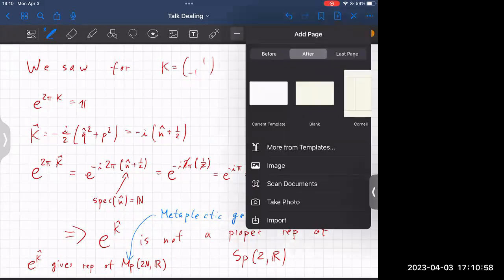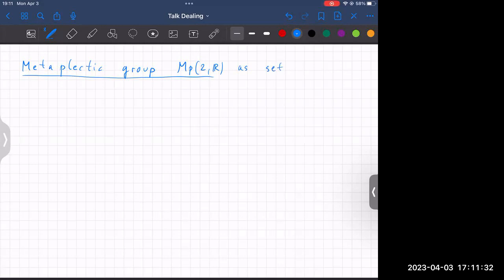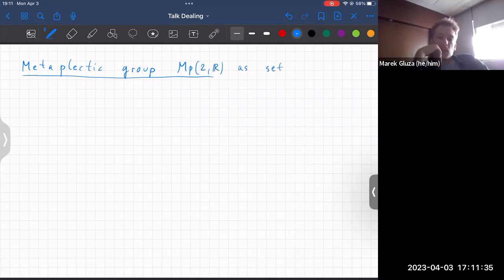So I will try to illustrate the metaplectic group MP2R. And for that, let's start with what is the symplectic group. Is it defined as the exponential of those?